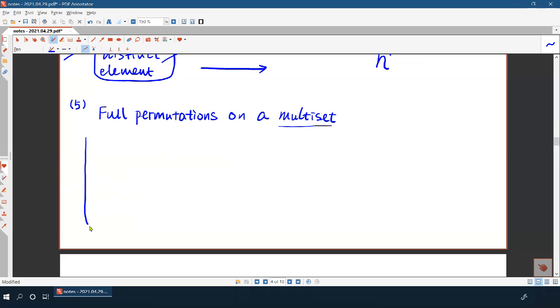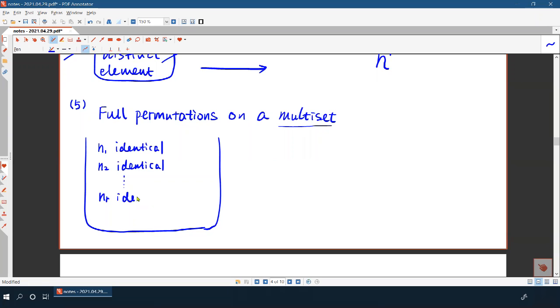This model states that suppose we have a collection of some elements, and of these elements, there are n1 identical elements, and n2 number of another type of identical elements, etc., till nr identical elements, right? And the sum of these elements is n.